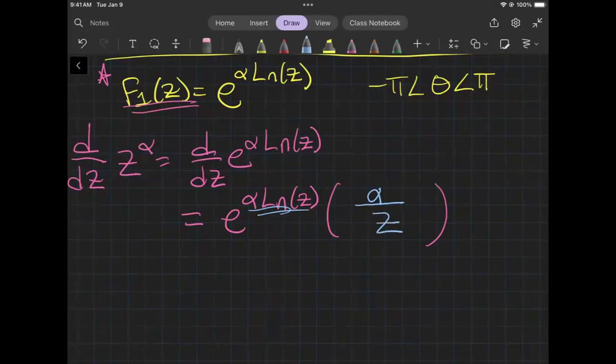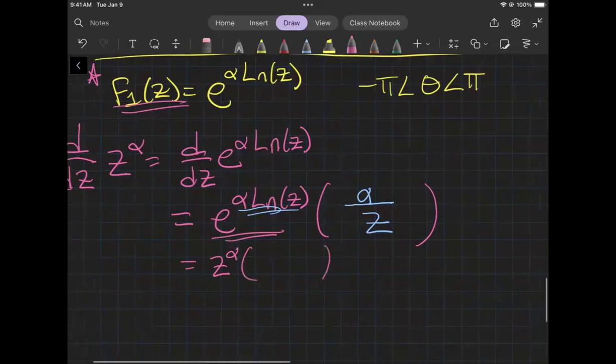Just by last video, e to the natural log of z, since e and the principal log are inverses, we can rewrite this quantity as z to the alpha, right?